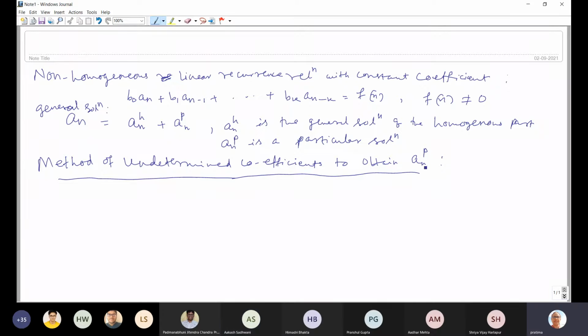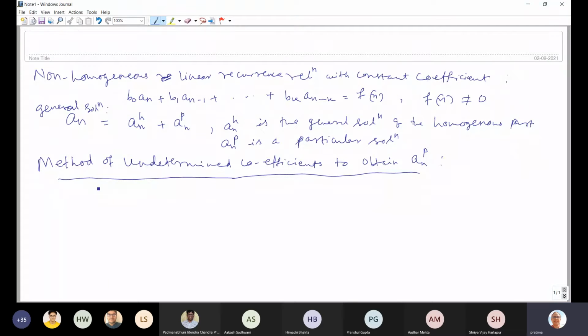There is a table for different kinds of functions f(n) and the form of particular solution you assume, so that it works out and you can find its value.